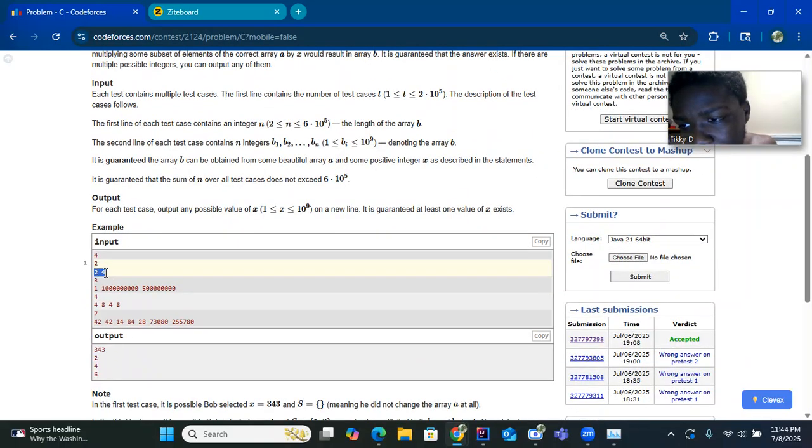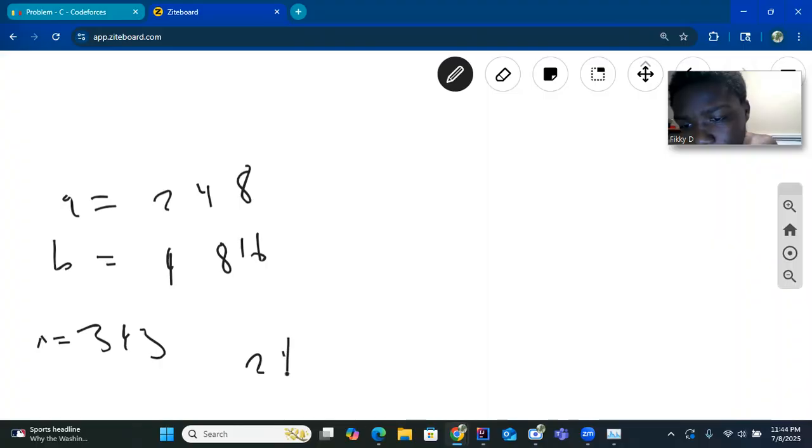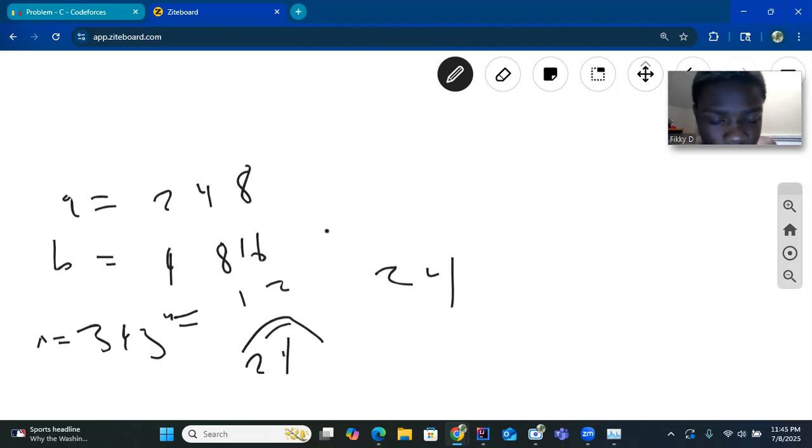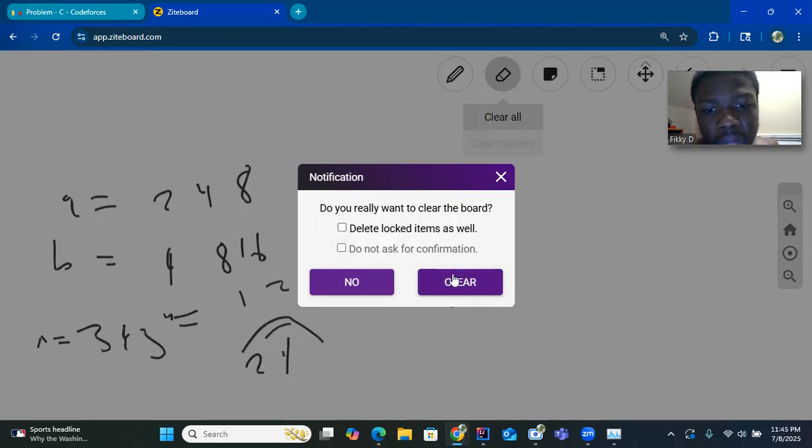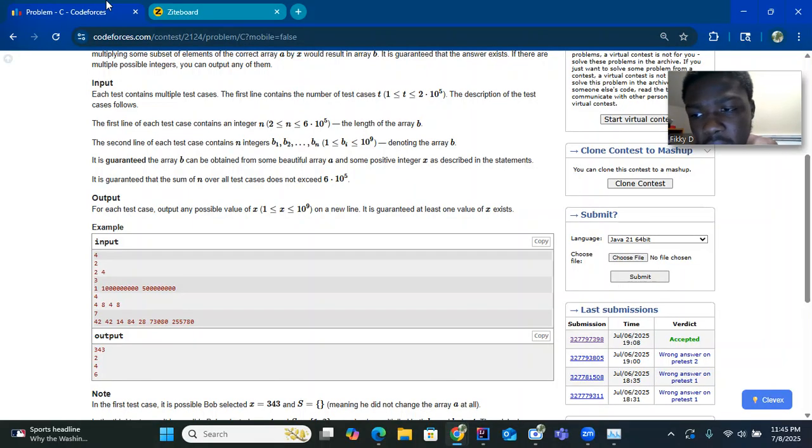That's because for the first test case, 2 and 4, it already satisfies the property, so it's kind of ambiguous. A could be 1, 2, but it could also very well just be 2, 4, and we just didn't change anything with the value we had for x. So x could be anything it wants. The idea here is that we only care about adjacent pairs that ruin this property.